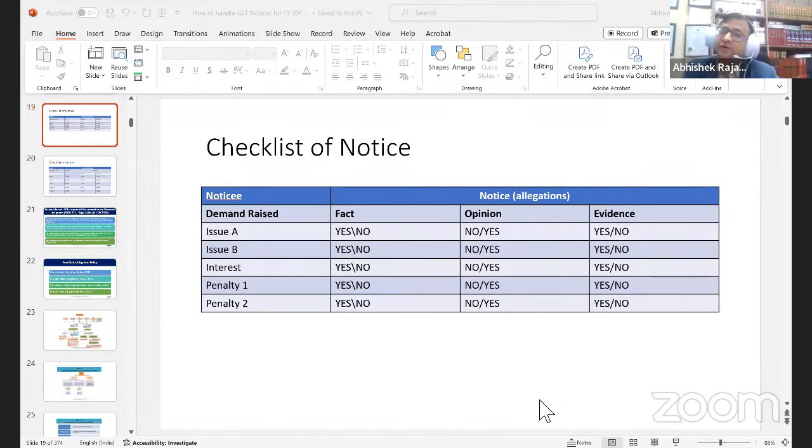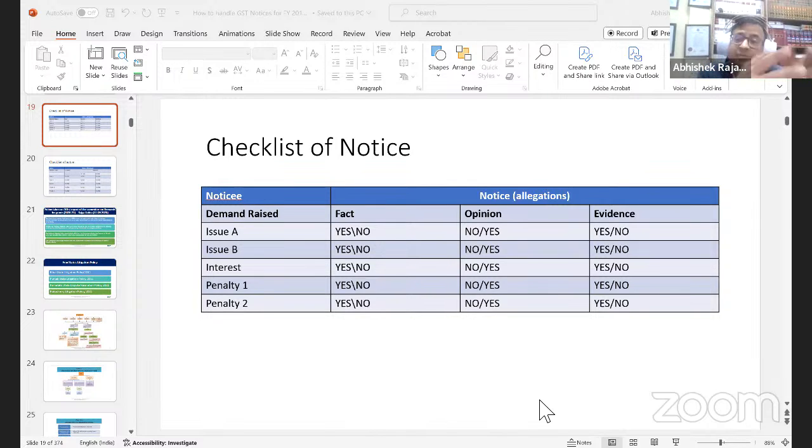Once we receive a notice, I'm not discussing the appellate level, where the disputes are crystallized and objections are framed. When we go with the notice per se, the notice might have 10 types of issues. On all those 10 types of issues, whatever allegation the department is levying in the notice itself, we have to divide them: whether this issue is based on fact or an opinion.